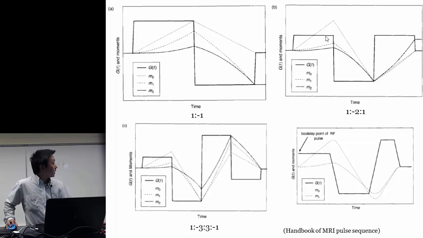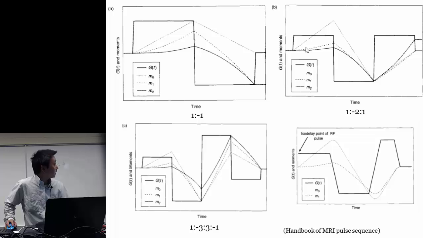Here is another one, the 1, minus 2, 1 gradient lobe playout. We have one unit of area for the first gradient lobe, minus 2 units of gradient area here, and then another 1 unit of gradient area here. For this 1, minus 2, 1 playout, of course the zeroth gradient moment is also 0 because the sum of their areas is 0.